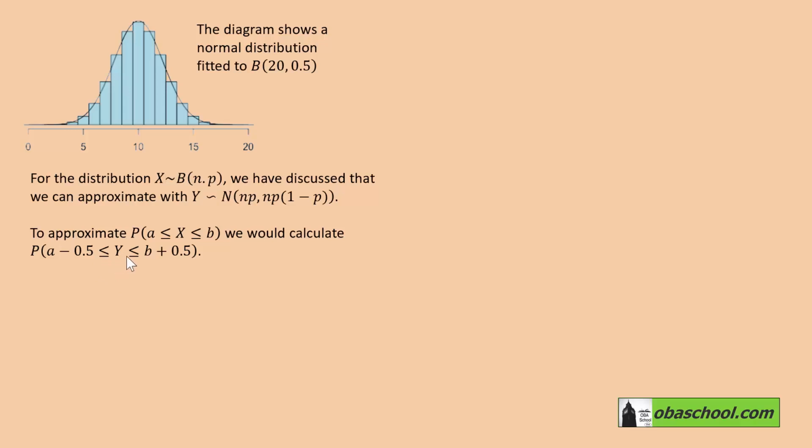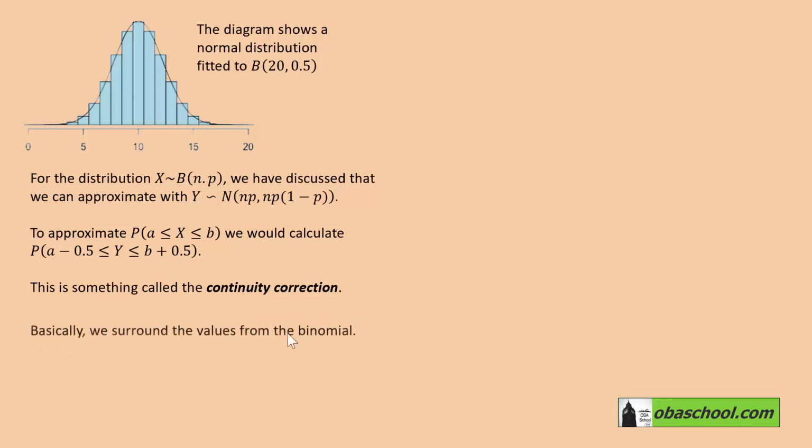But the important thing to take from this is it's a take away 0.5, and b plus 0.5. In other words, we need to surround this region a to b by going 0.5 either side. This is something called the continuity correction, and we'll see how this works in the examples. Basically, we surround the values from the binomial.